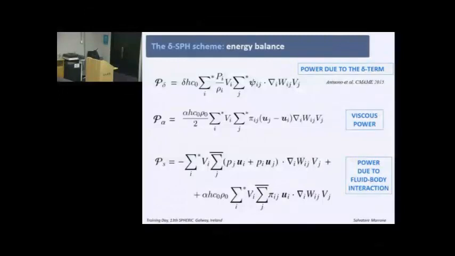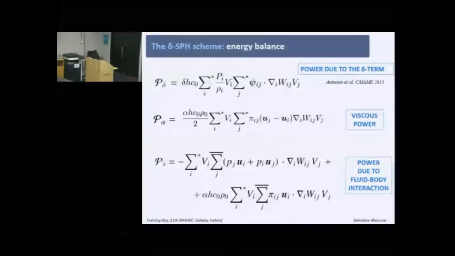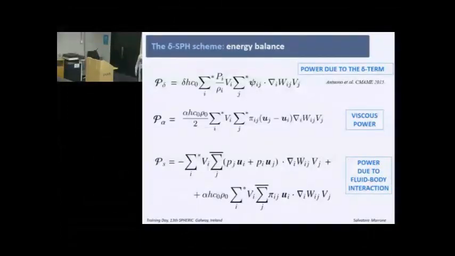As Matteo said before, P alpha is a viscous power, so it's another dissipation of energy that is due to the artificial viscosity. And this P S is the power due to the fluid-body interaction. These summations are done on the solid particles, for example ghost particles. So whenever we have moving solid boundaries, we have energy produced inside our fluid, and it's accounted for through this expression.